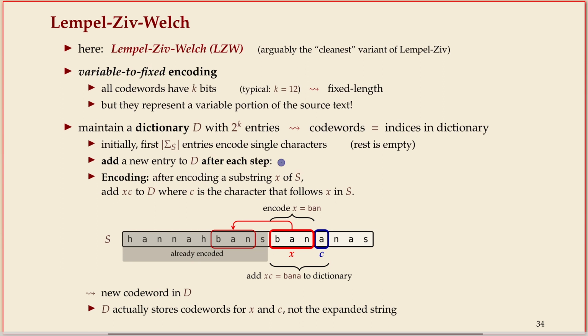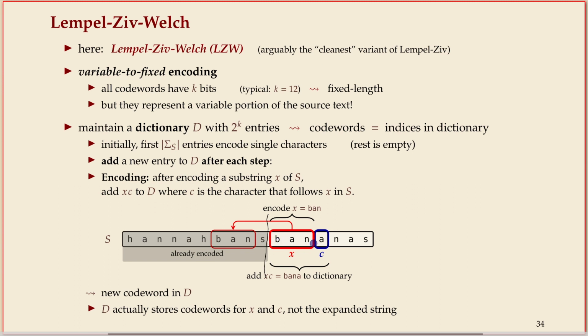Whenever we encode some bit of the text, we'll add a new code word to the text that has something to do with what we just stored. So when we encode a substring x, that's this one. When we store that one, so okay, I should maybe explain the picture a bit better. We're currently at this point. Everything to the left is already encoded. So we assume the decoder knows that.